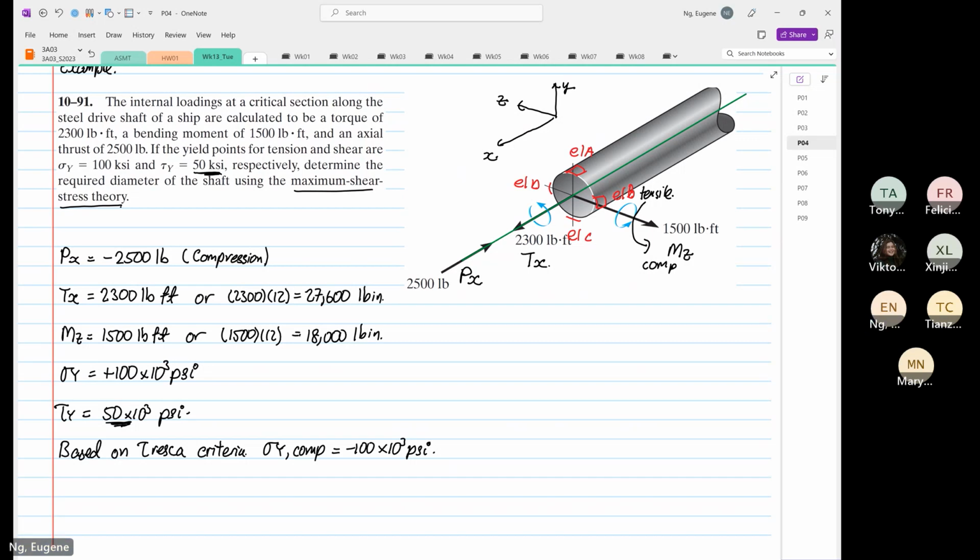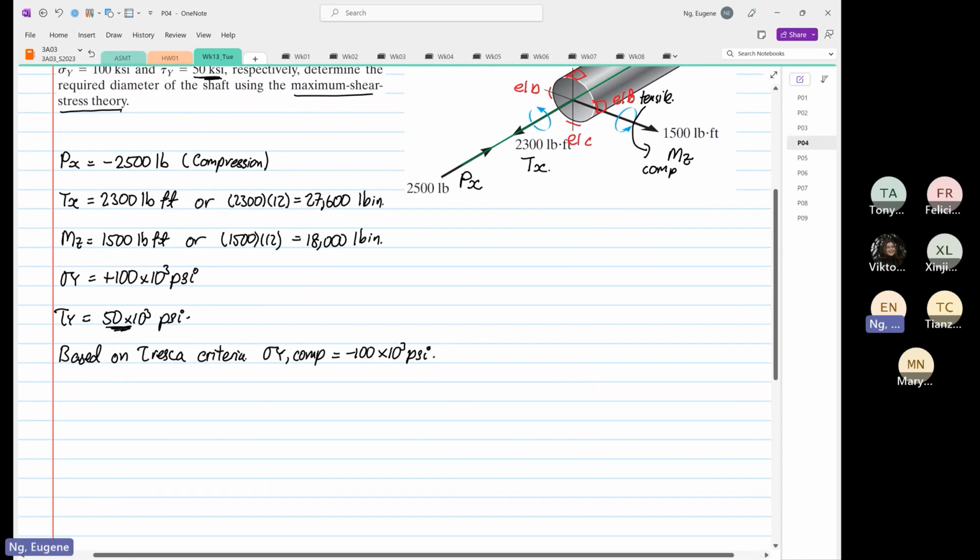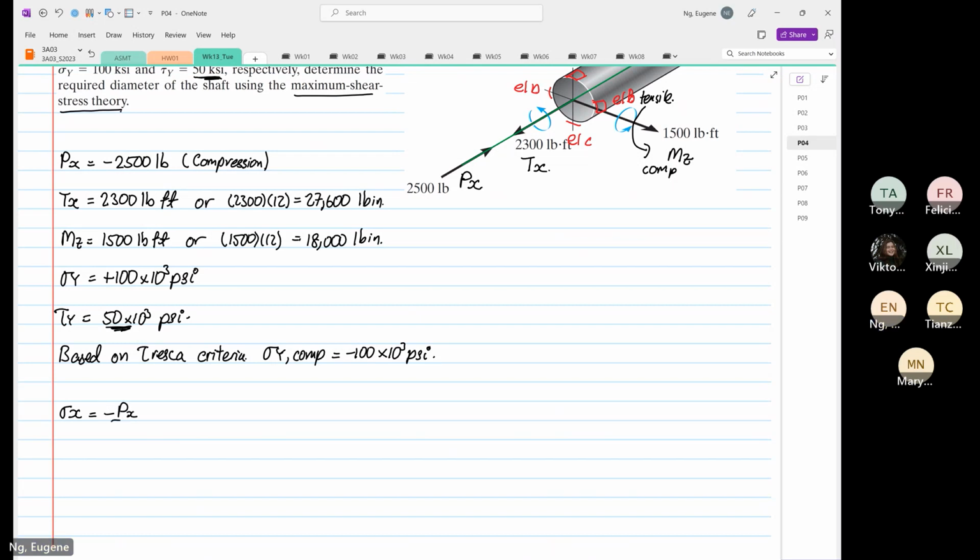Okay, so the next thing that we're going to do, the formula that we are going to apply: we know that stress X is equal to minus Px over A, right?